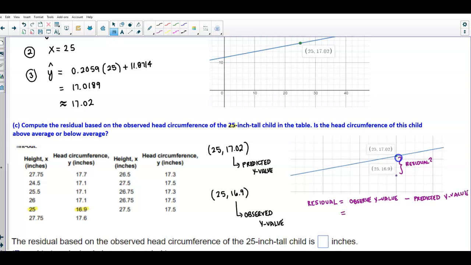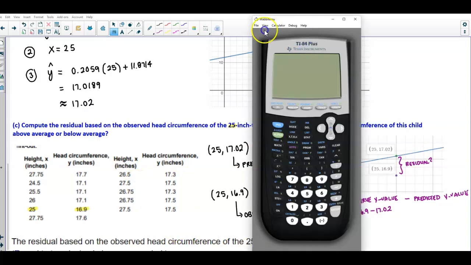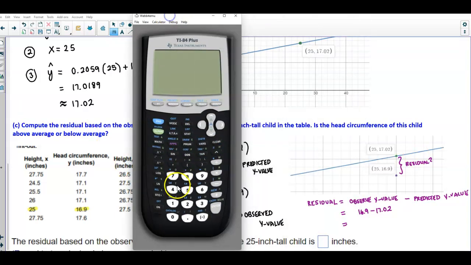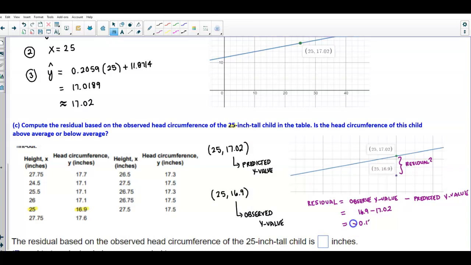So we're going to take 16.9 and subtract 17.02. If we take 16.9 and subtract 17.02, it gives us negative 0.12.